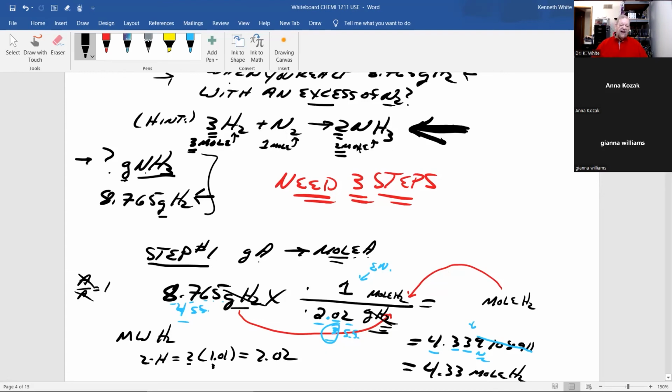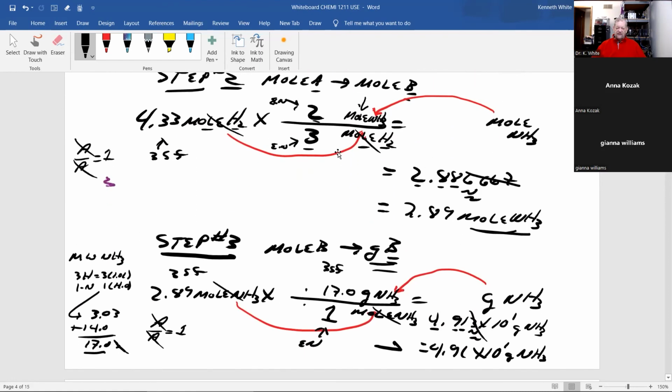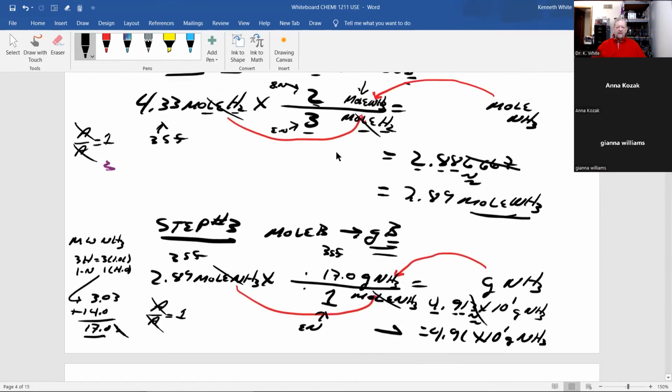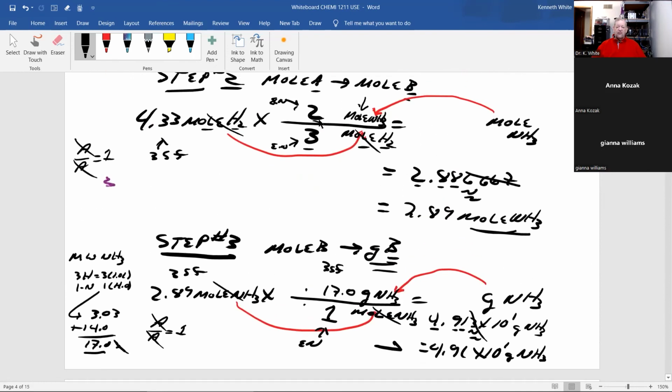And for this problem, we need to know for every 3 moles of hydrogen, you make 2 moles of ammonia. These are exact numbers, 3 and 2. We now have 2.89 moles of ammonia.